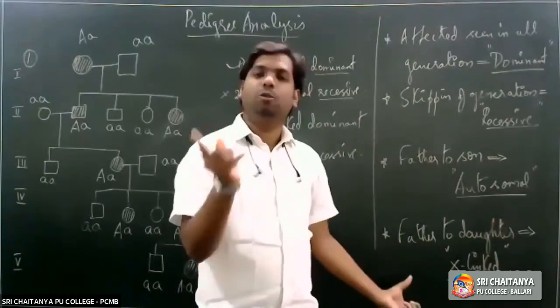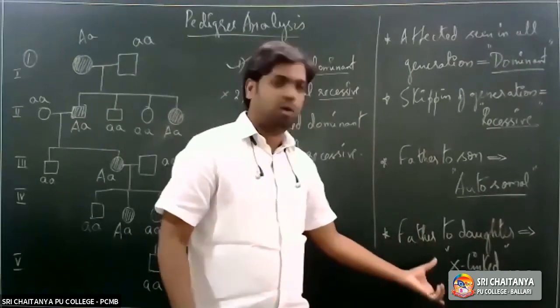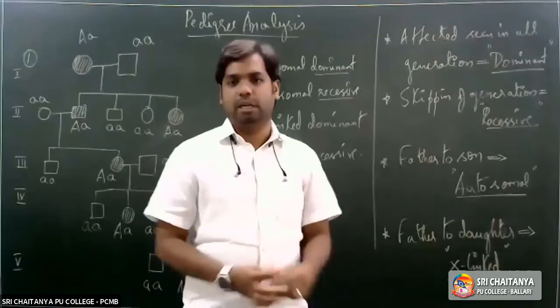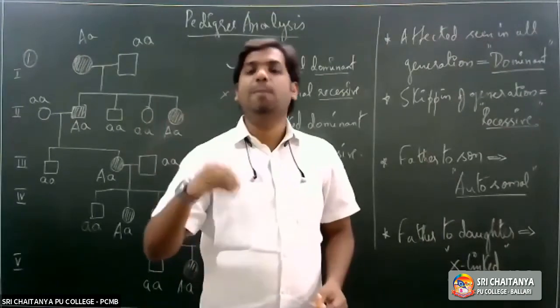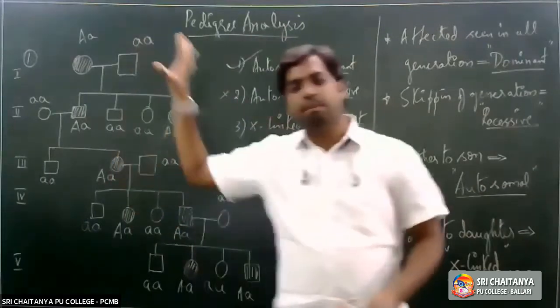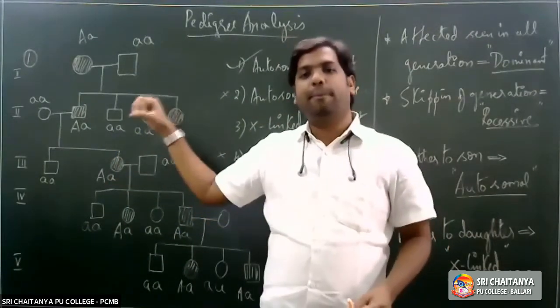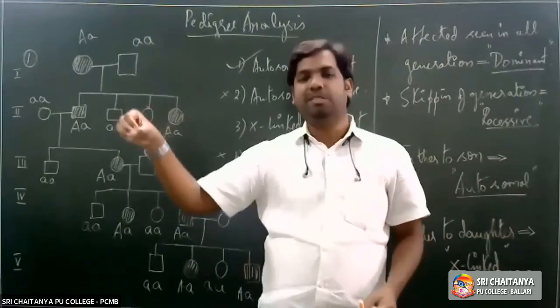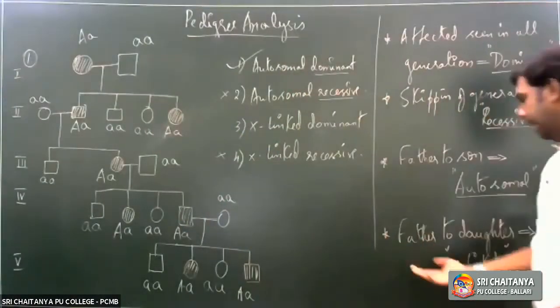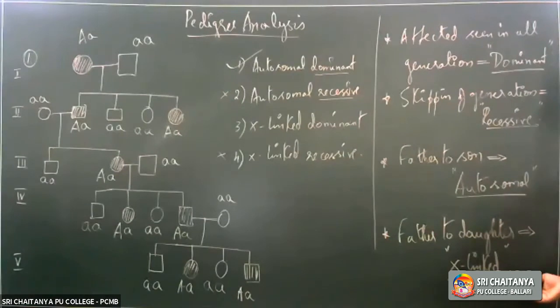Also make a note when interpreting an X-linked disorder: males are said to be more affected than the females. So by observing the pedigree, if you see more males affected than females, then we can say that the condition is X-linked recessive.